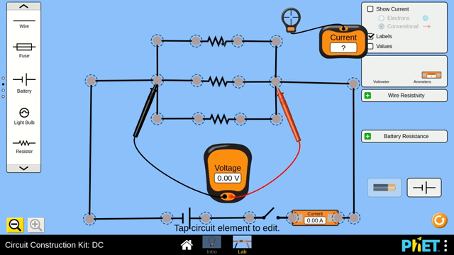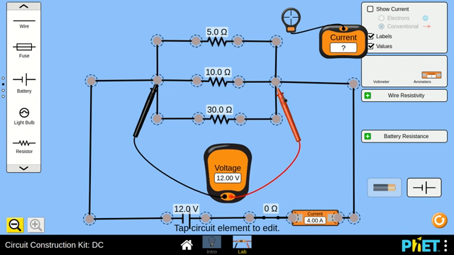You can see the ends of the three resistors are connected like this all together at one point, and the current that passes through the circuit, if you switch it on, you can see the current in the circuit is 4 ampere, and the potential difference across the three resistors is 12 volt when you have 5 ohm, 10 ohm and 30 ohm resistors connected in parallel.